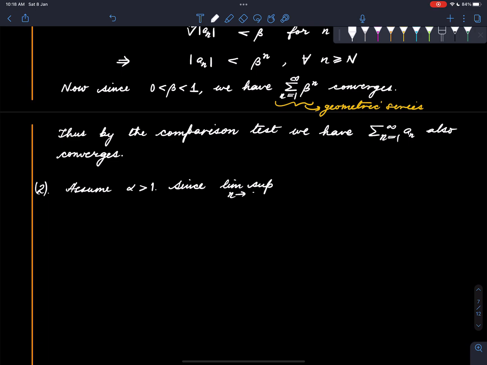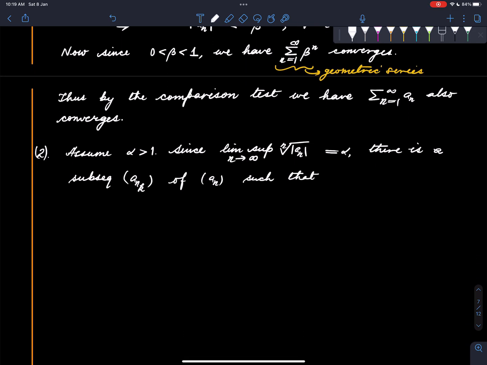Since this lim sup is alpha, there is a subsequence of a_n such that this subsequential limit is alpha.